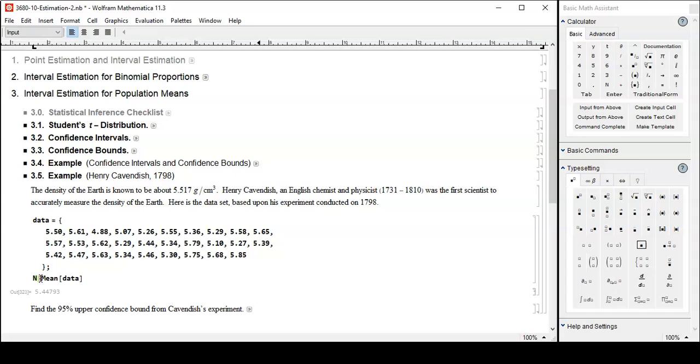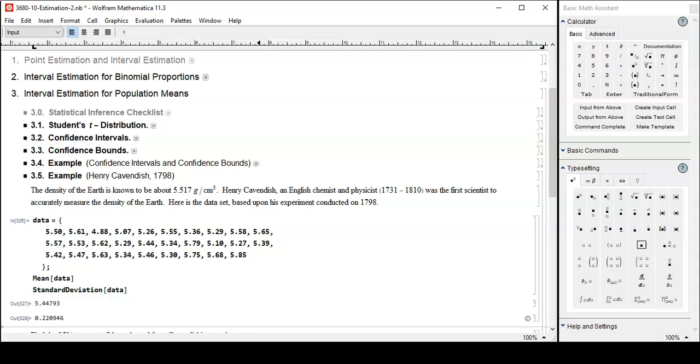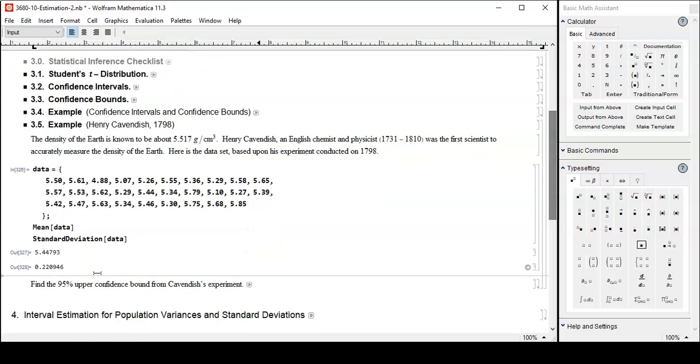Excuse me, I apparently clicked the wrong key. And the sample standard deviation is 0.2209 something. So this experimental data gives you the mean of 5.4479, which is a bit less than the density of the Earth based upon today's measurement.